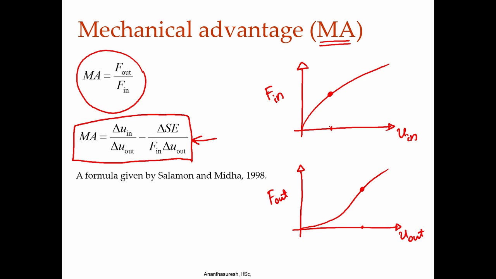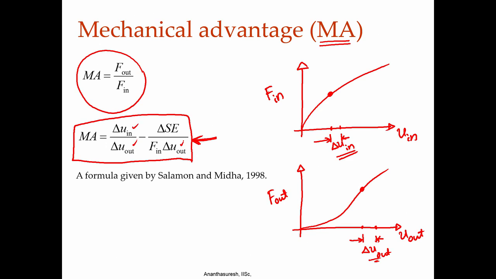Now, if you want to define mechanical advantage, what we will do in the derivation of this particular formula is consider what if there is a small change in the input displacement, that is our delta u_in. Similarly, there is a small change in the output displacement, this is delta u_out, this is delta u_in, delta u_out, which is what we have here.